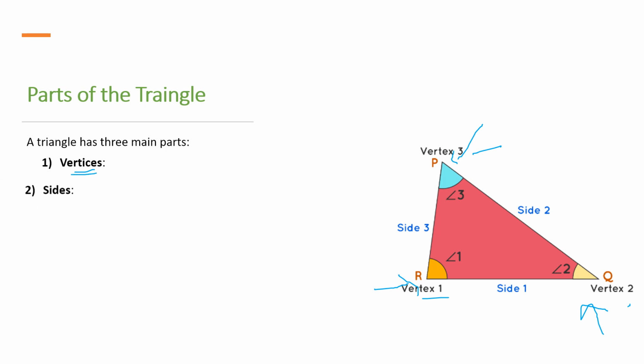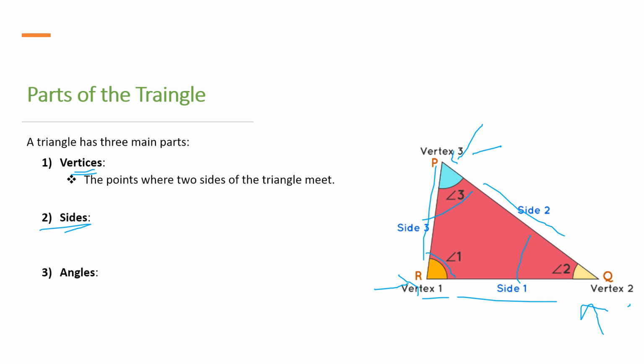And it has sides, for example side 3, side 2, and side 1, each a straight line. And it has angles. Look, this is an angle, this is angle 2, angle 3. So how many parts does a triangle have? It has 3 parts: vertices, sides, and angles.